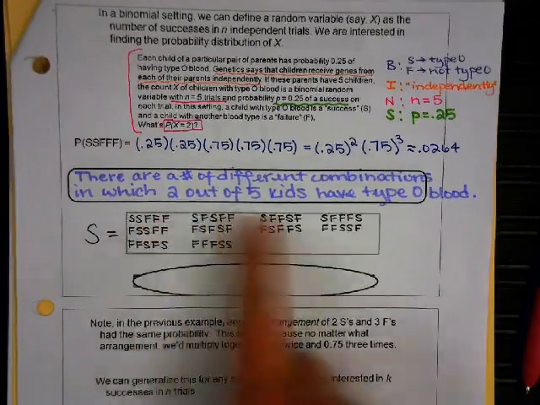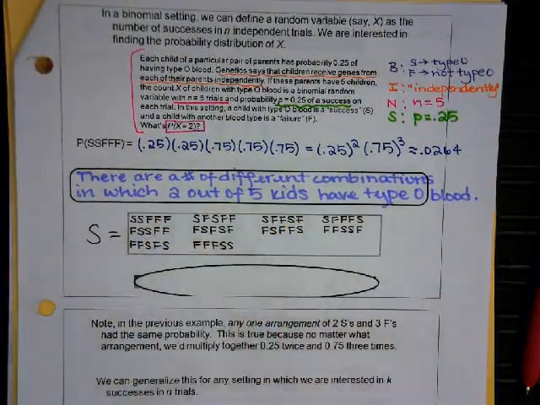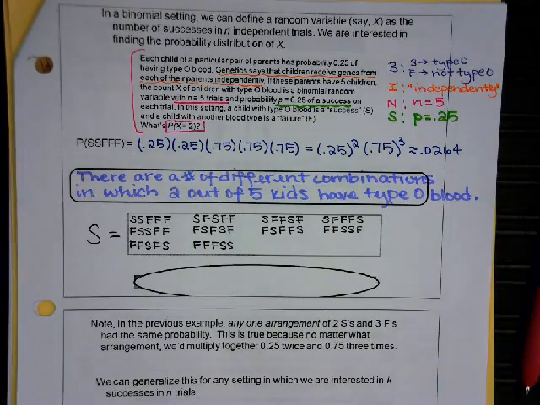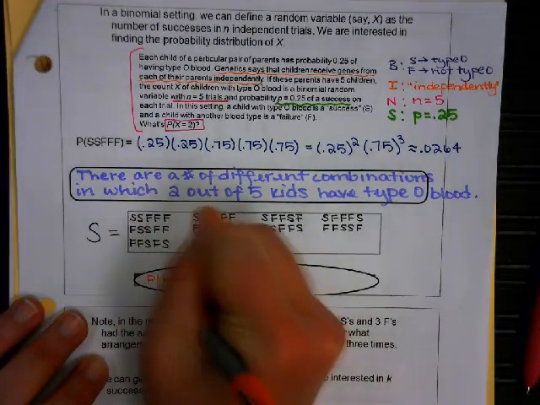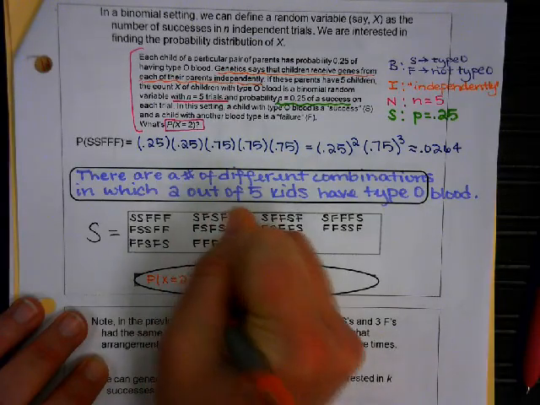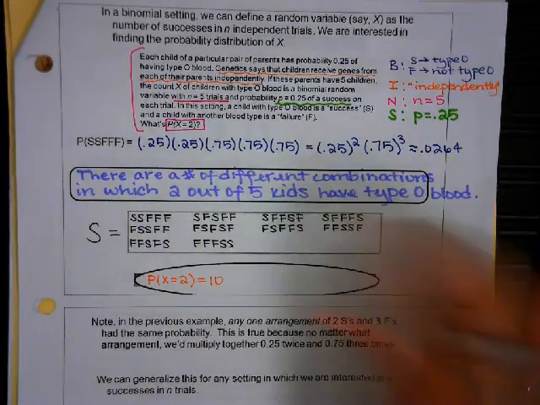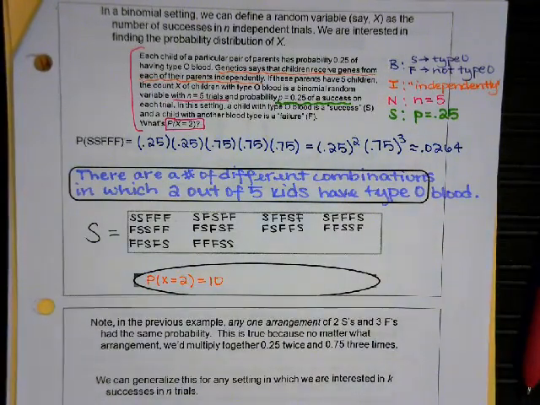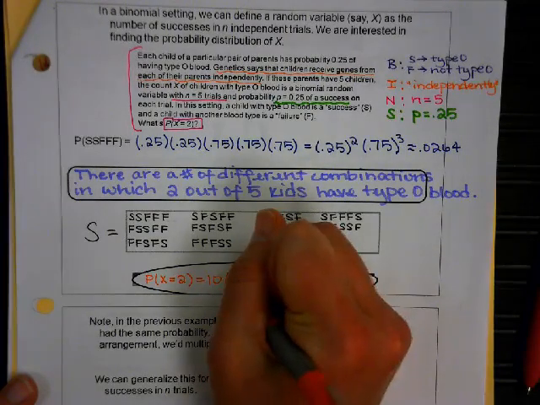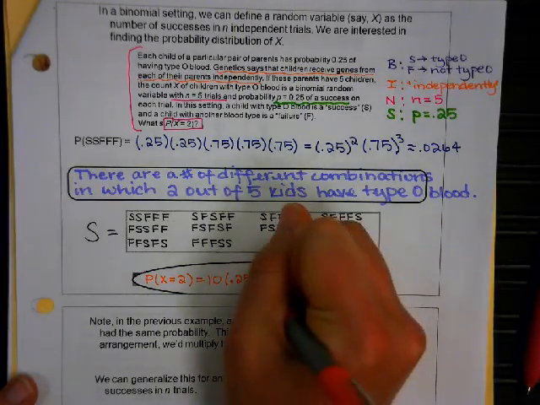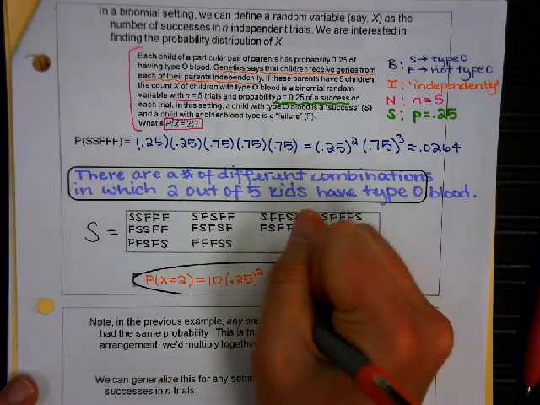So really the probability that x equals 2 is going to be 10, the 10 different ways I can have 2 successes and 3 failures, times the probability of success raised to the number of successes I want, times the probability of failure raised to the number of failures I want. So really we're just going to take the answer we got before and multiply it by 10.